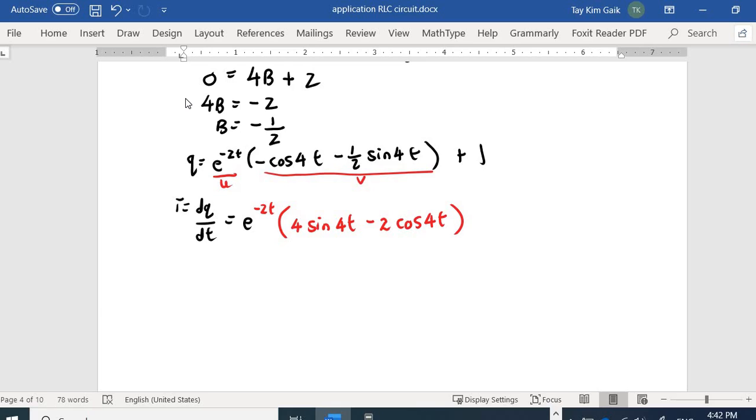And then plus b, negative cos 4t minus half sin 4t. Differentiate the u, which is negative 2 exponent negative 2t. Differentiate 1 is 0. We check whether the I, after we simplify, can be equal to the current I that we obtained in part 1.